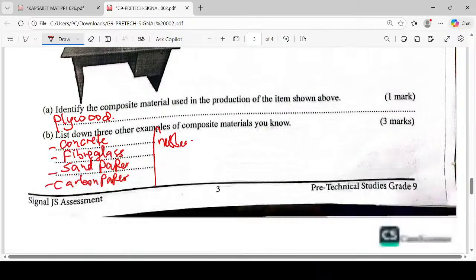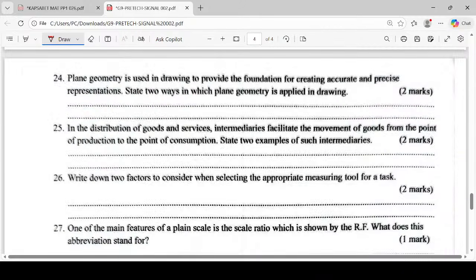Question 24. Plane geometry is used in drawing to provide the foundation for creating accurate and precise representations. State 2 ways in which the plane geometry is applied in drawing. How is plane geometry applied in drawing?